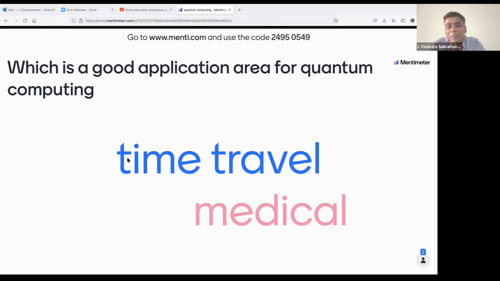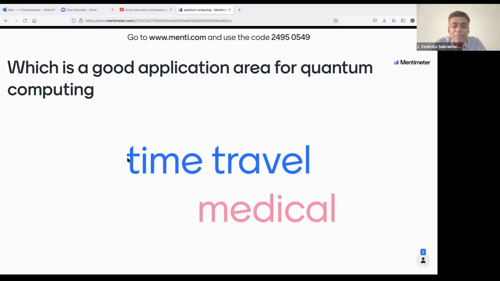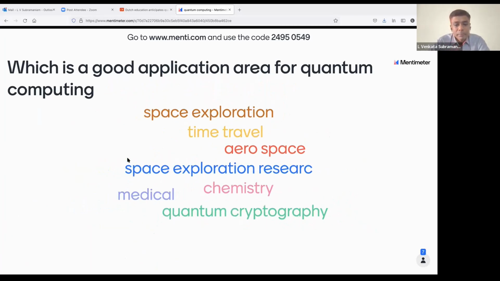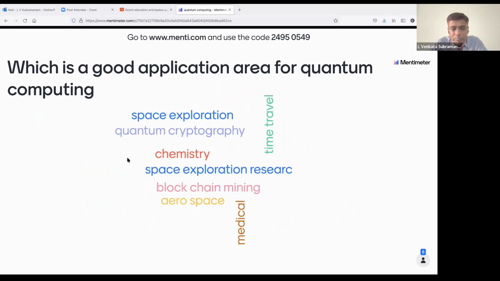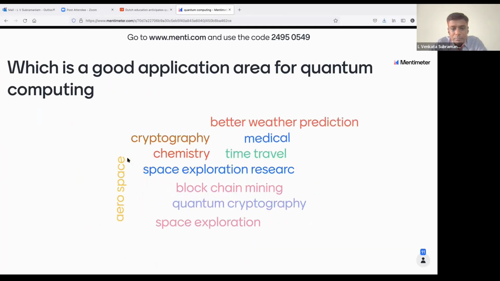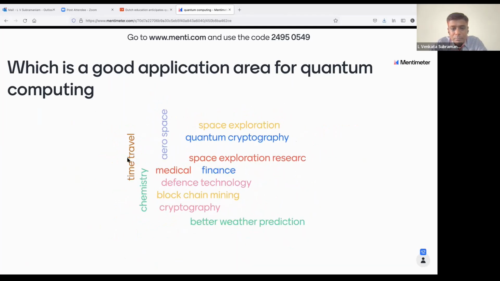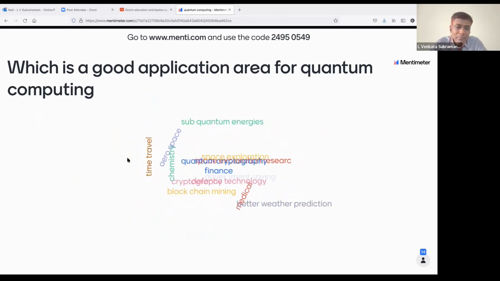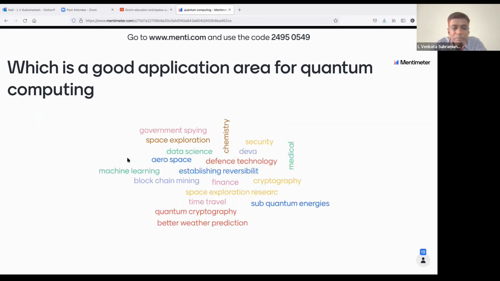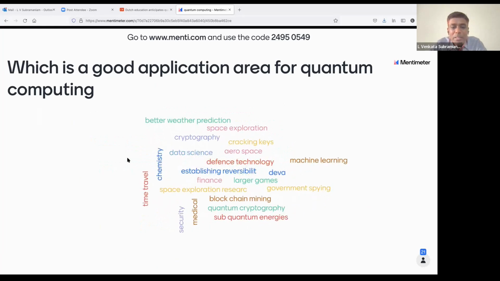Okay, time travel. I see a lot of imaginative things here. Space has always been a very exciting thing for everyone.